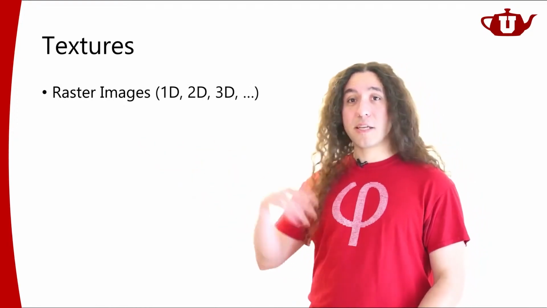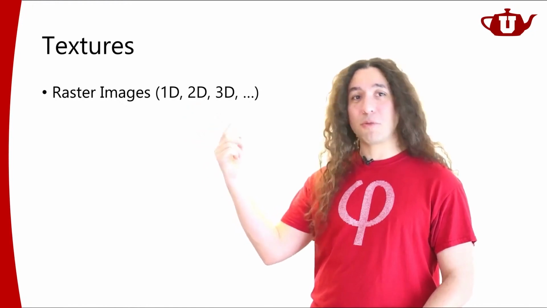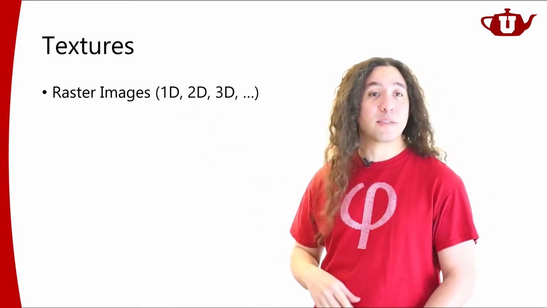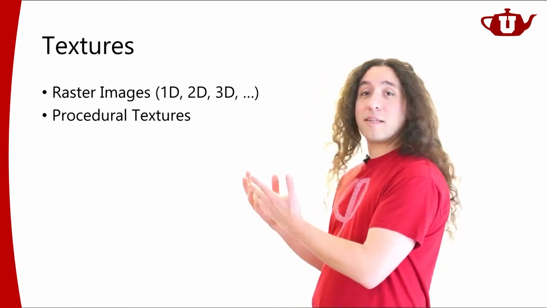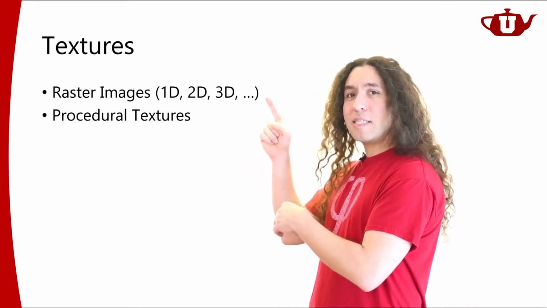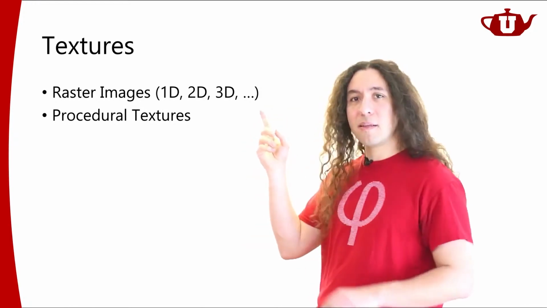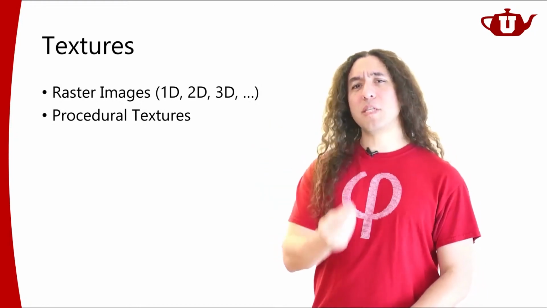2D images. So as I said, a texture could be just a raster image, could be 1D, 2D, that's the one that we've been talking about, or it could be 3D, those are the ones that are supported by a GPU, it could be higher dimensional as well, or it could be a procedural texture. But beyond that, there are structures that are kind of like samples distributed over some domain, very much like these raster images, but they're not quite images.